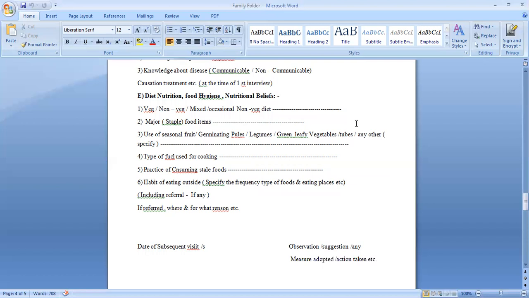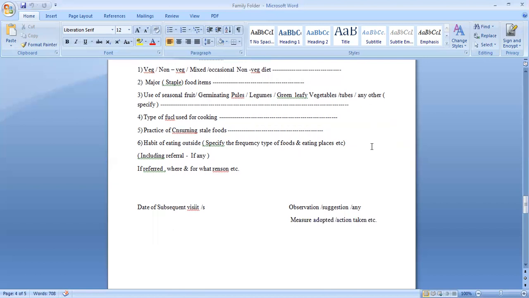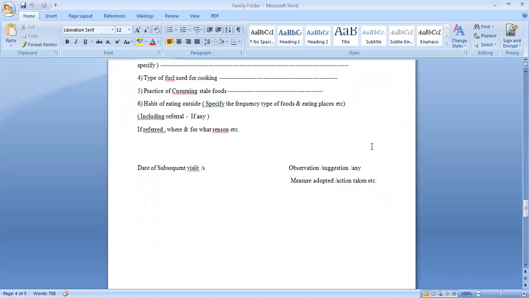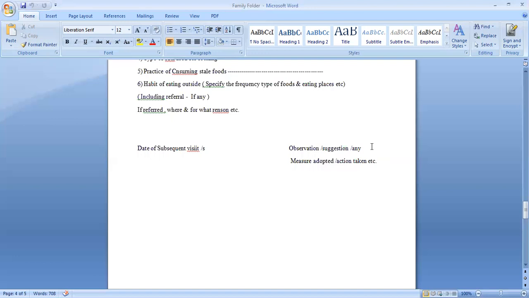Then major staple food items which are used by them, use of seasonal food, germinating pulses, legumes, green leafy vegetables, tubers, etc. Any other specific type of food used for cooking, practice of consuming stale foods, then the habit of eating outside, whether they go outside frequently or not, and any referral if there is any.